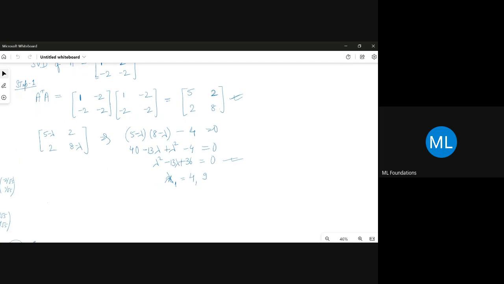Okay, so you have 5 minus 4, corresponding to lambda 1 equals 4. 5 minus 4 is 1, this is 2, 2, and 8 minus 4 is 4. Times x1, x2 equals 0. Ma'am, it's 1, not 4.